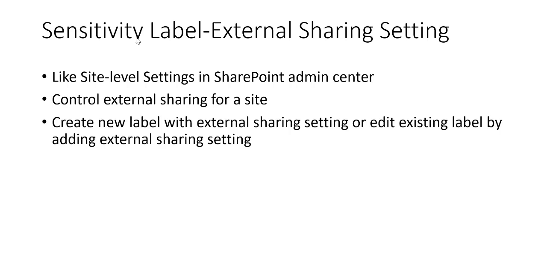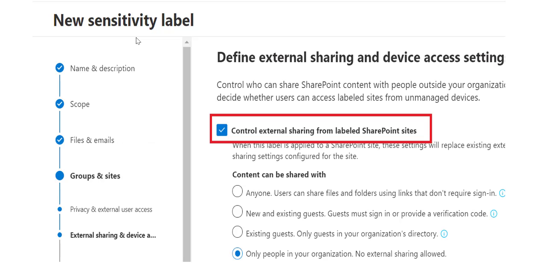If you want to control external sharing through sensitivity label, you can either include external sharing setting in your existing sensitivity label by editing the label, or you can create a new label with external sharing setting for SharePoint sites and publish the label. This is the new external sharing setting updated in sensitivity label. You can apply the sensitivity label to a site with these settings.